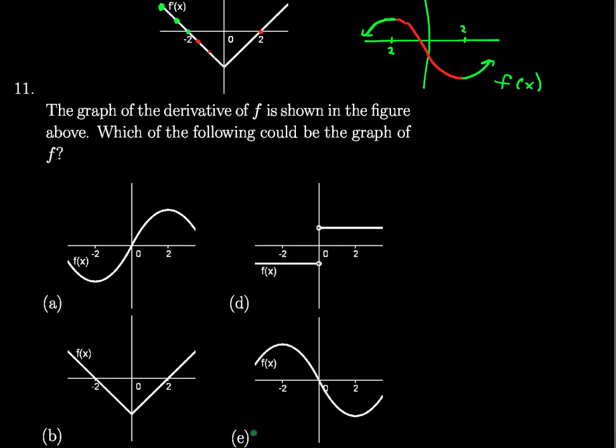And then E, if we look at this one, we can see it starts going positive, starts sloping upward, but evens off to a horizontal tangent at -2.